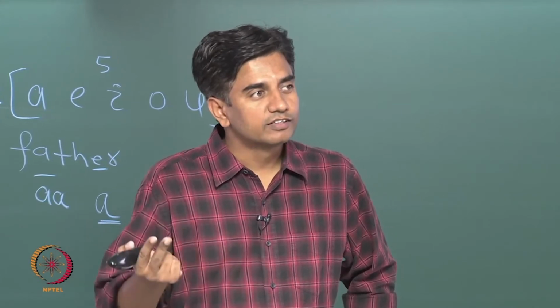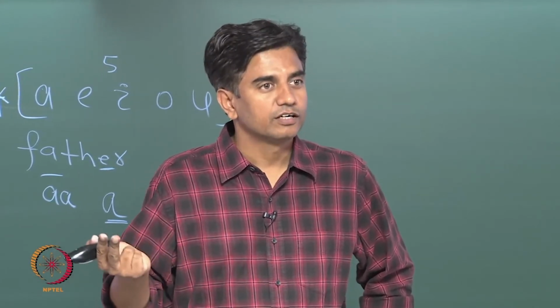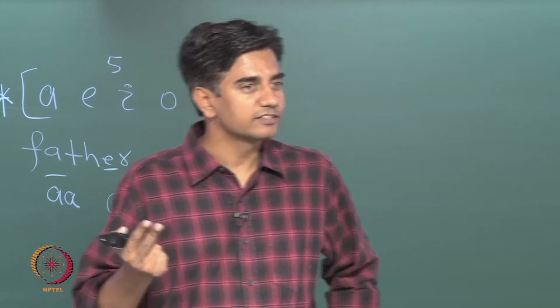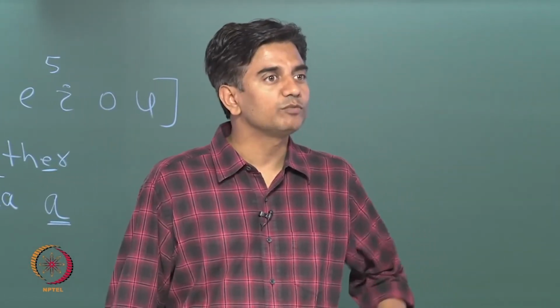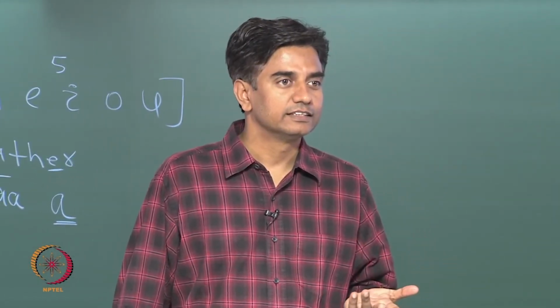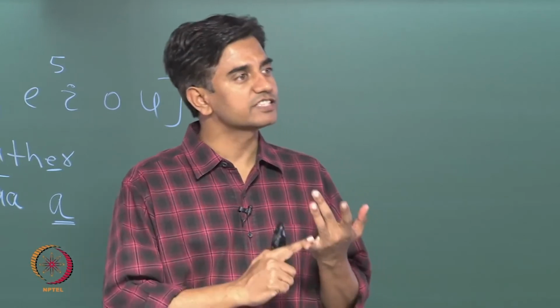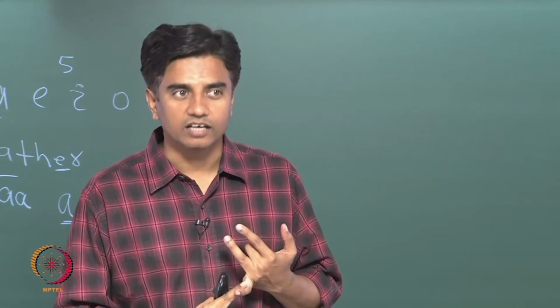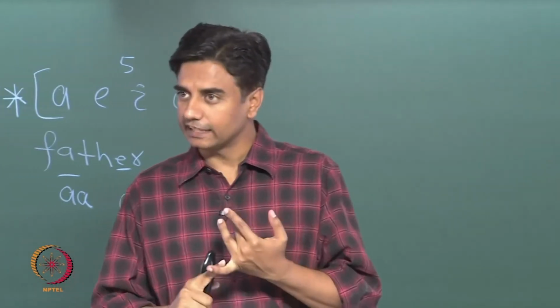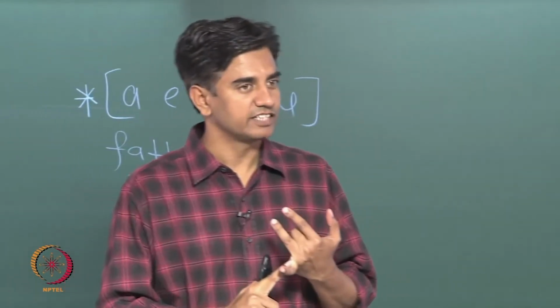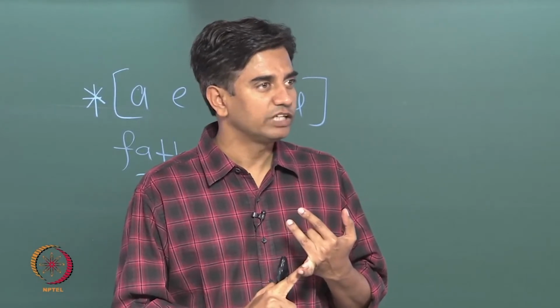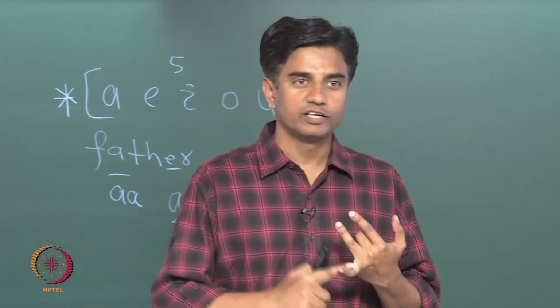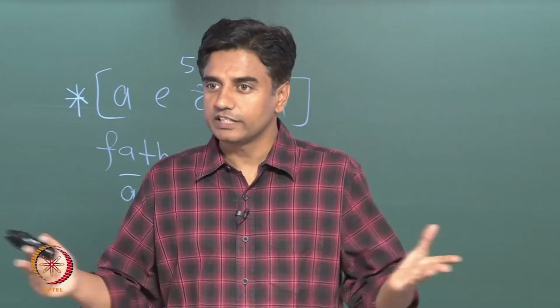C for cat. What's the first sound of cat? Where is C in that? The first sound of the word cat is the sound ka. I hope you can see that we are not making up these things. We do not need to really go to a sophisticated laboratory to see these things.